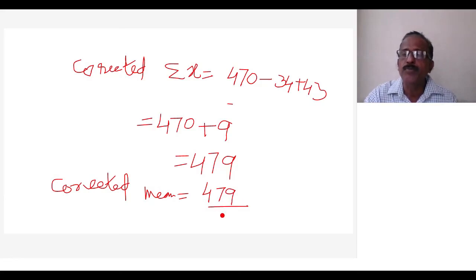There is no change in the number of observations, that is 10. That is equal to 47.9, which is the correct mean. That is the answer. 47.9 is the correct answer.